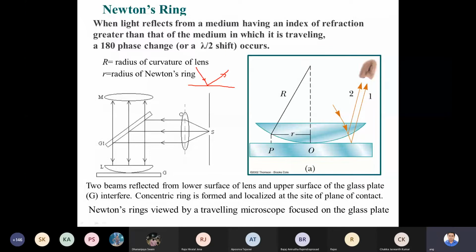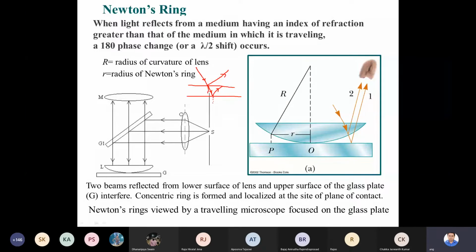180 degrees. Okay, now suppose you have a thick film here, and you can draw a normal, and then you have a refracted beam. Then you have another reflection inside this medium, and then you have transmission.